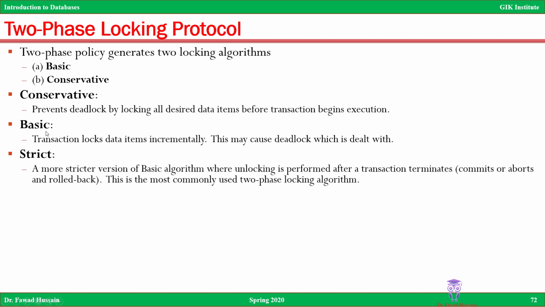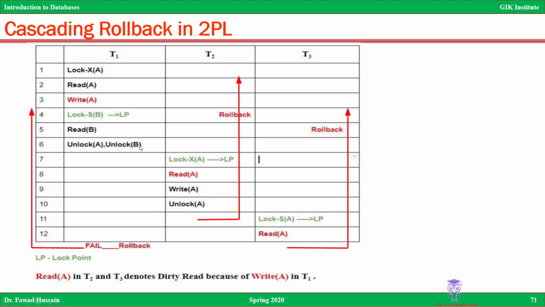In the basic version, the transaction locks data incrementally. So when you encounter A, you have an exclusive lock on A, and then you encounter B and you have an exclusive or shared lock on B. But read A and write A would have been executed before you acquire a lock for B. This is helpful because by the time you are doing read A and write A, B is available, free for anybody else to use during that time.